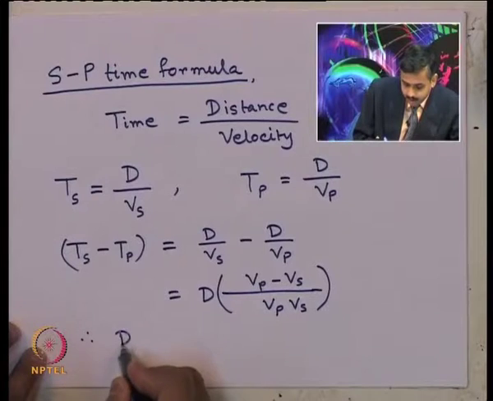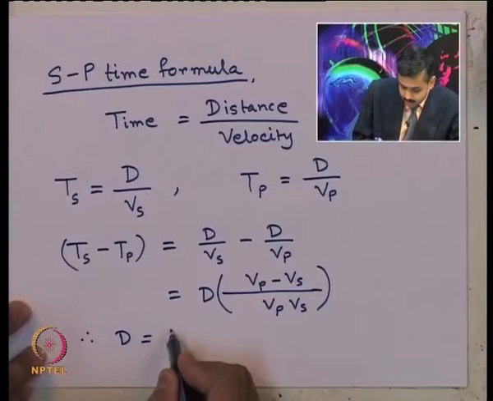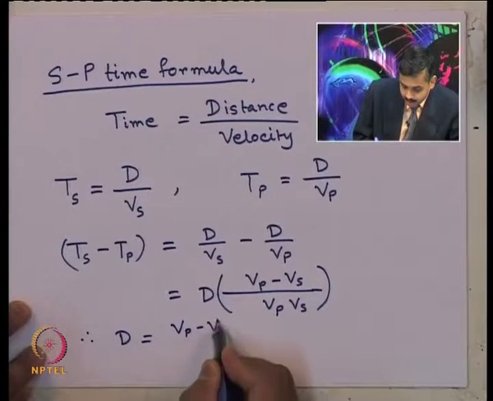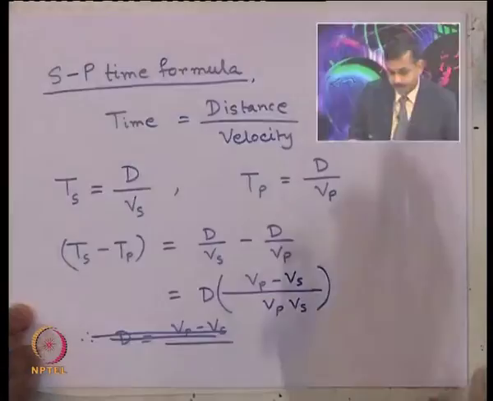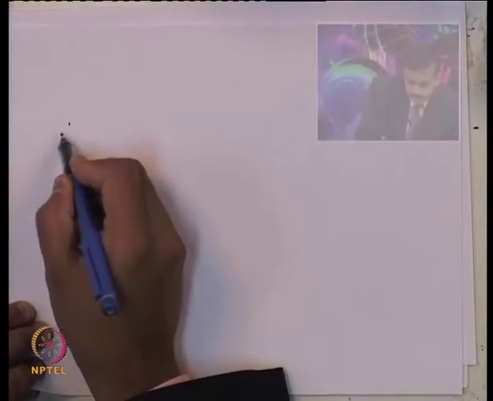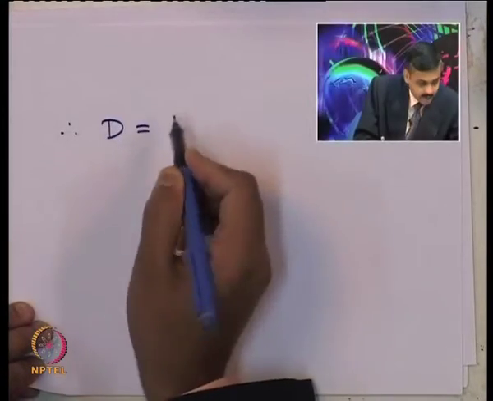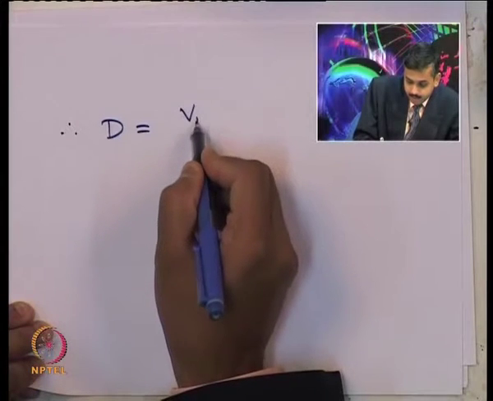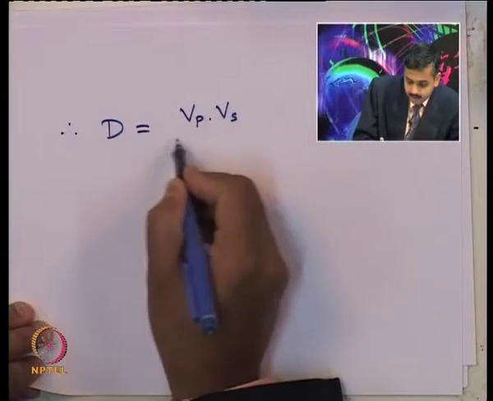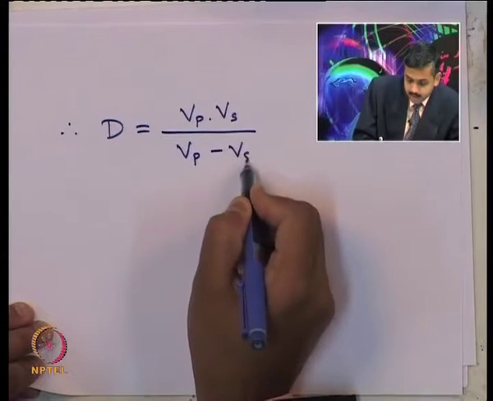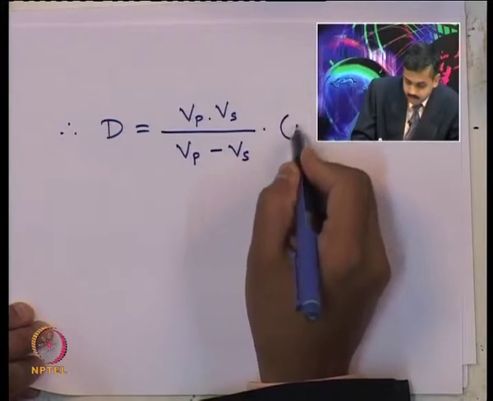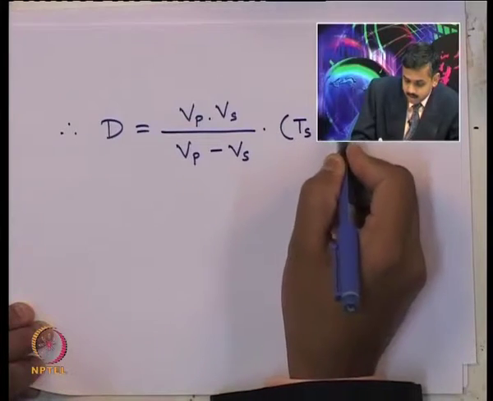Therefore, d is given as (V p minus V s) divided by V p V s; therefore, the distance d can be computed as V p V s by (V p minus V s) times (T s minus T p).